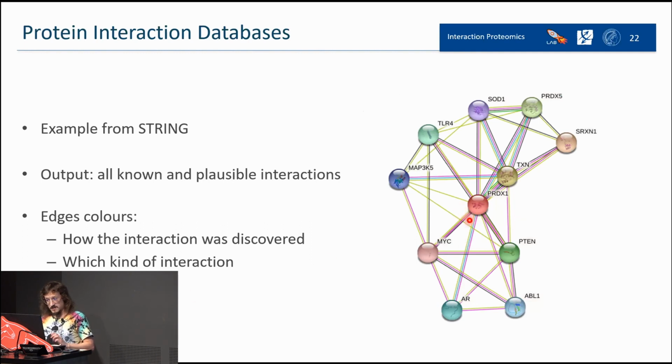I looked specifically for this protein, peroxiredoxin 1. What I like very much about STRING is that there is not only information about which kinds of interactions are happening, but depending on the colors, you also have information on how the interaction was discovered. Either through an experiment, so they have real proof that the interaction happened, or they found it only through bioinformatic analysis.